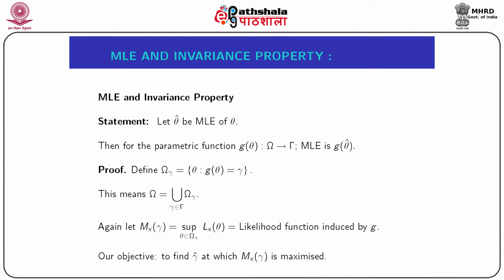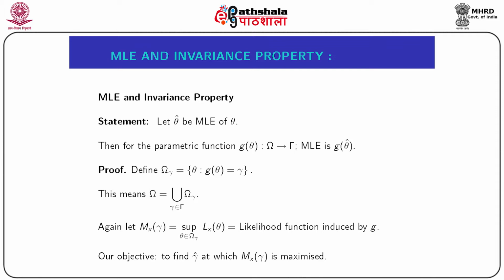As a proof, let us define another set omega_gamma, which is equal to the collection of those theta for which g(theta) is equal to gamma. Then naturally, the whole parameter space omega is equal to the union of all omega_gamma, gamma belonging to the set capital gamma.